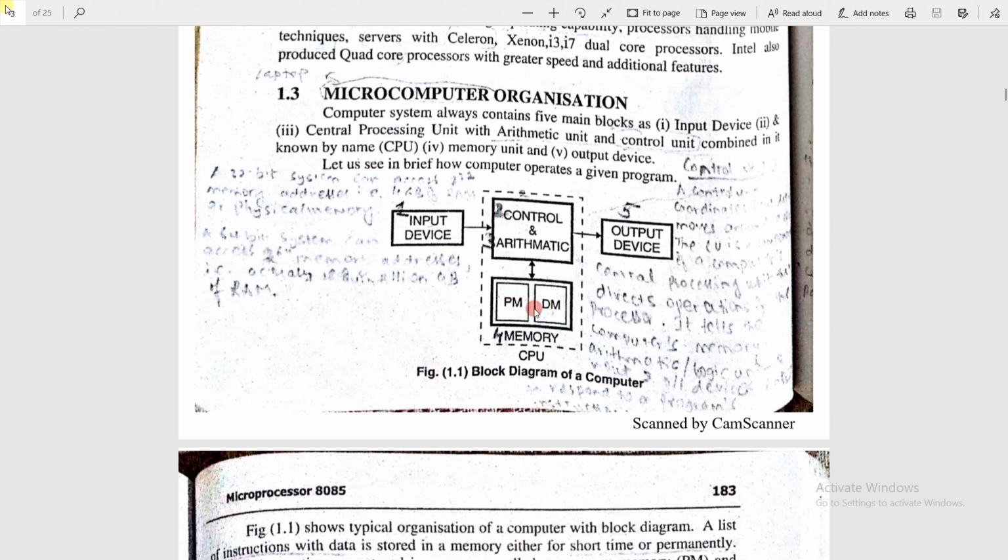Program memory stores the program, data memory stores the data. For example, I want to perform an add instruction. The add instruction requires at least two numbers to do the addition. Those two numbers are nothing but data.